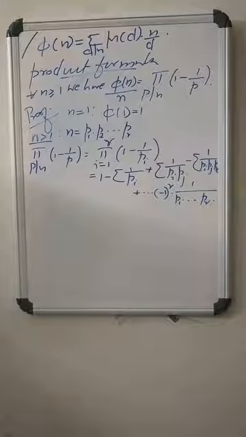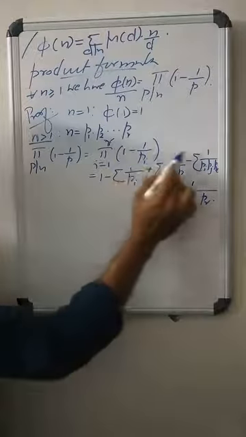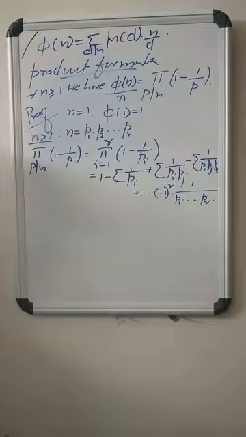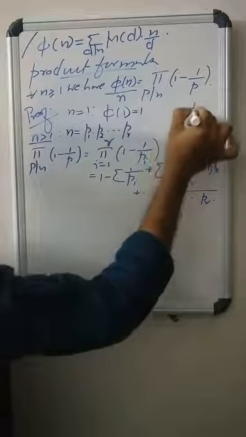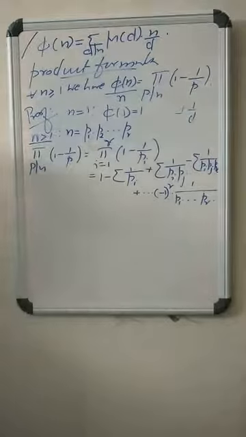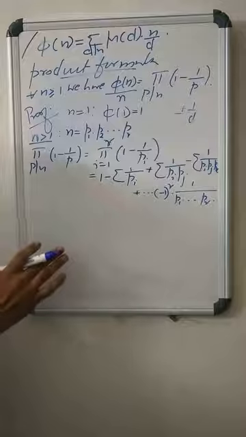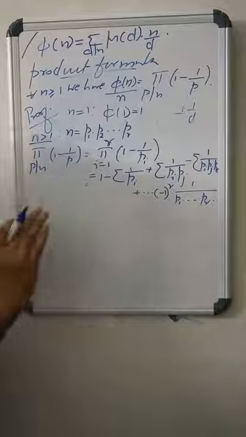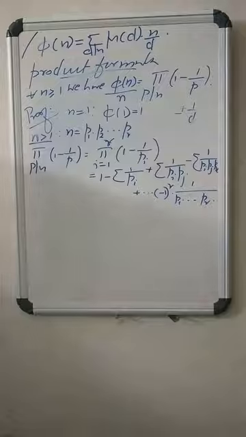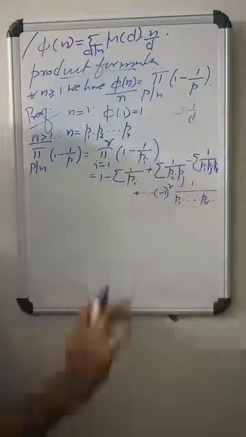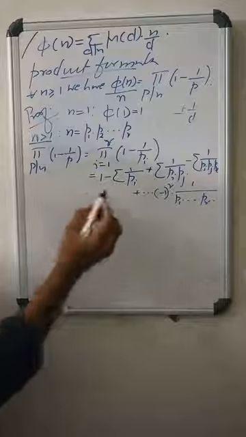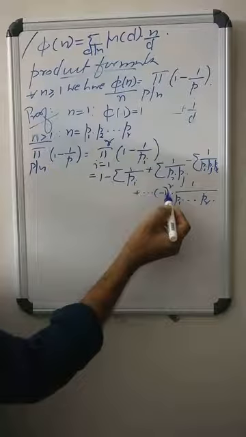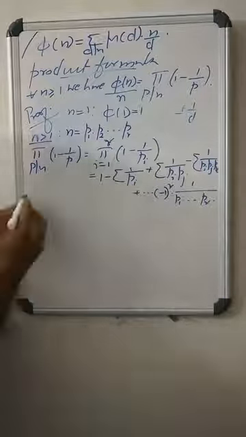Now, each term on the right side is of the form plus or minus 1 by d, where d is a divisor of n which is either 1 or a product of distinct primes. Now come to this sign: minus 1, plus 1, minus 1, etc. What is this plus or minus 1?